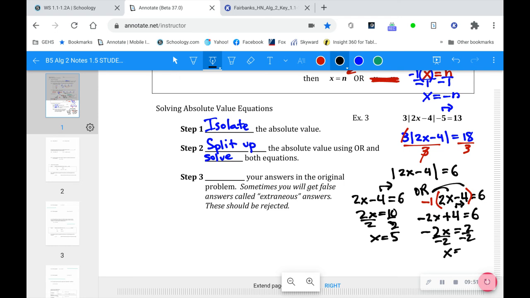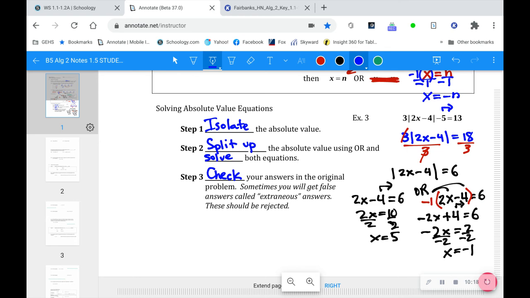Okay, there is another step that you have to do. You need to check your work. Now, I strongly advise checking your work as often as you know how, but here you really do have to check it because it will give you wrong answers, this process that I'm teaching.